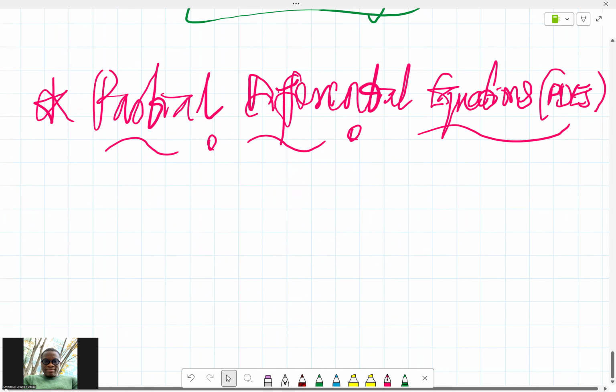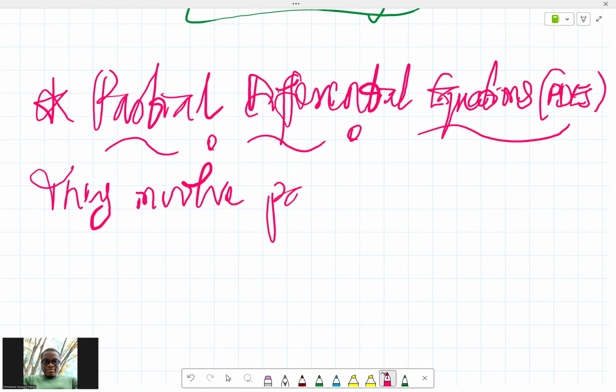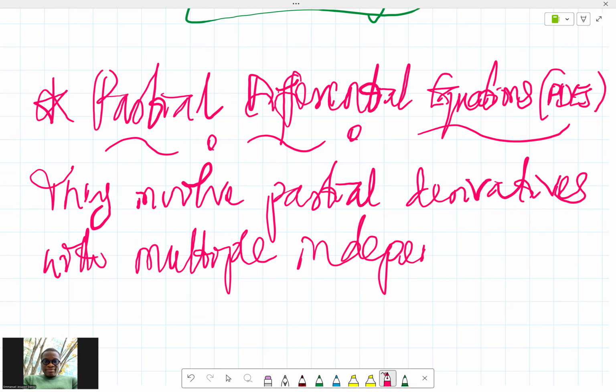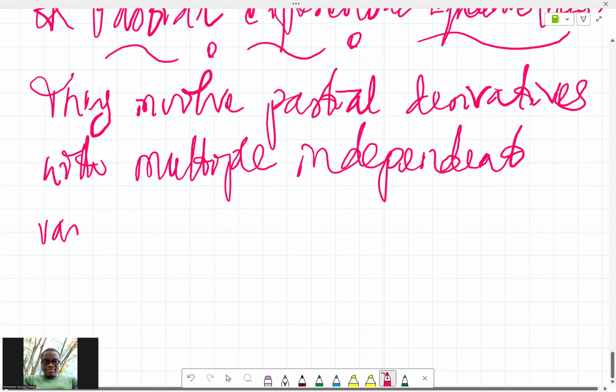So partial differential equations involve partial derivatives with multiple independent variables.